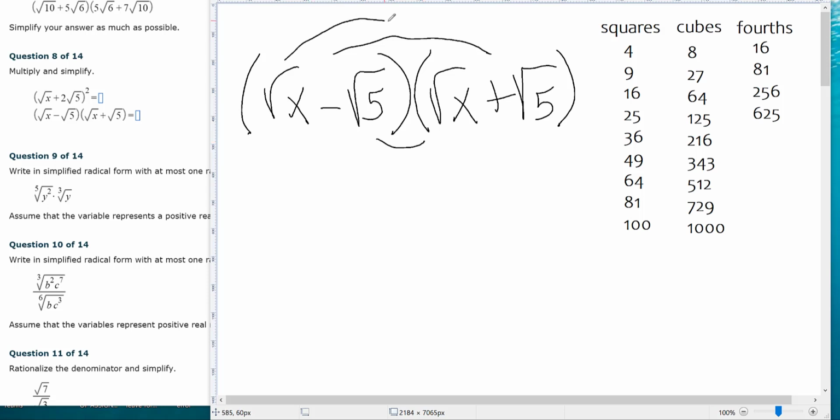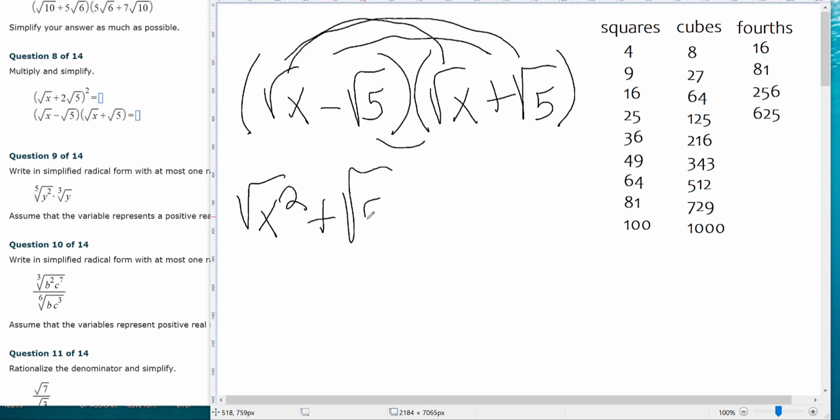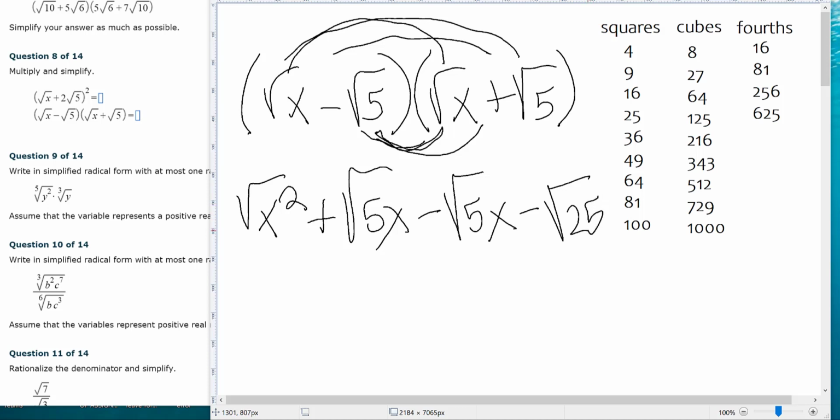So the first 2 would give me the square root of x squared. The outer 2 would give me plus square root of 5x. The inner 2 will give me minus square root of 5x. And the last 2 will give me minus square root of 25.